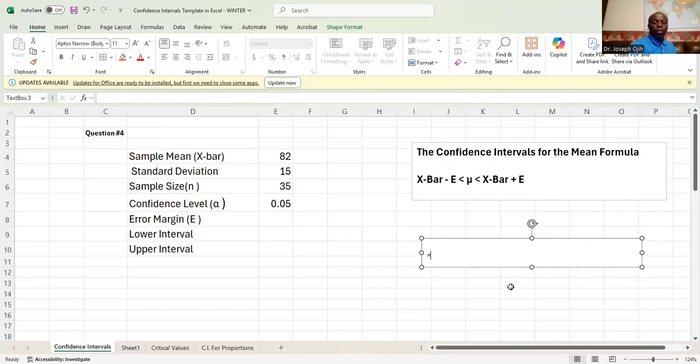Equal confidence dot norm, alpha, comma, standard deviation, comma, and then sample size.